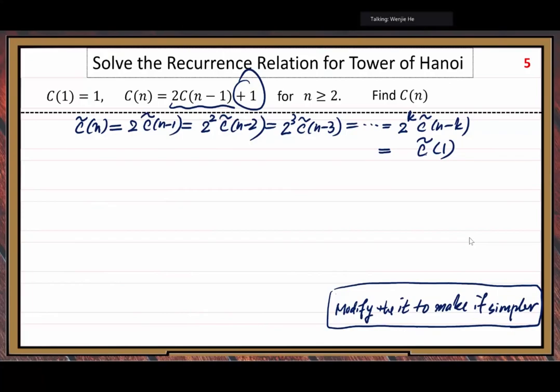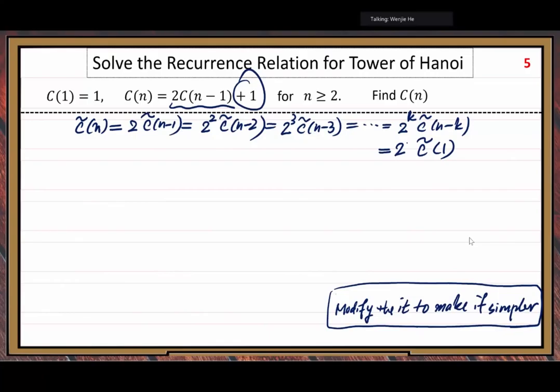But when we reach the problem size 1, what is the exponent of this power of 2? 2 to what number? Based on the rule, can you see some rule?